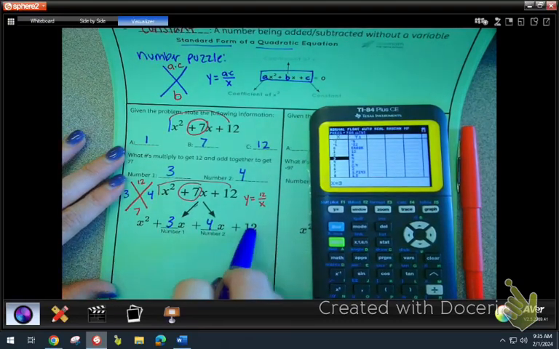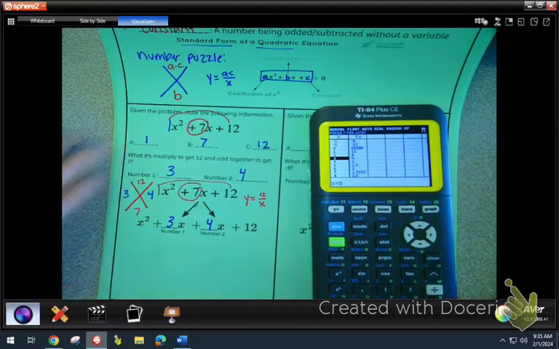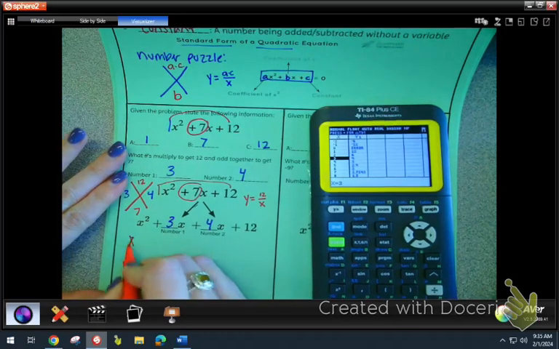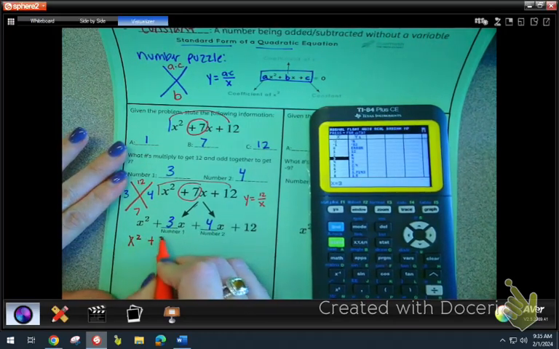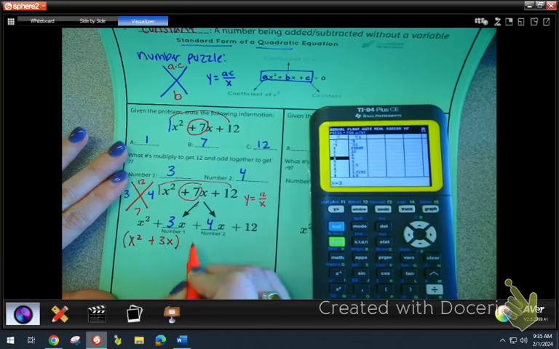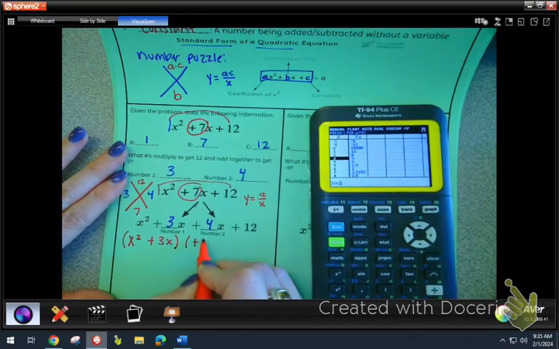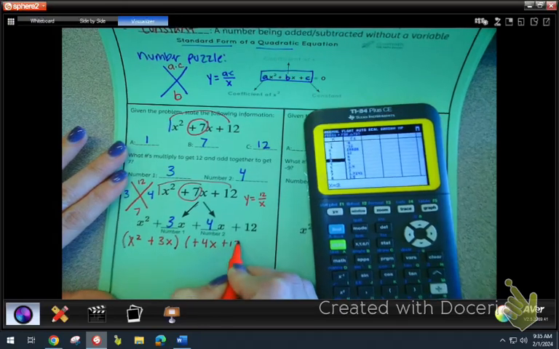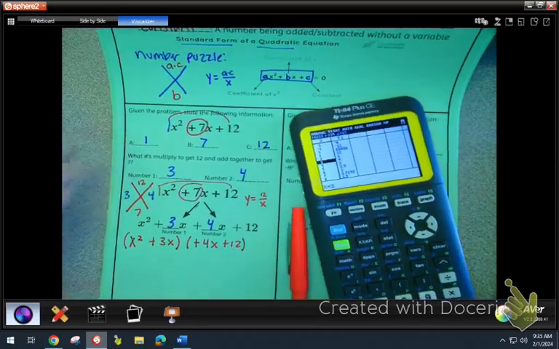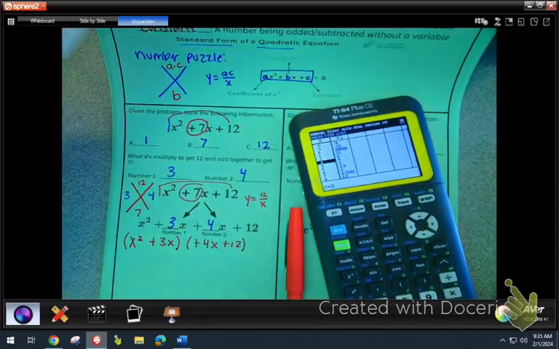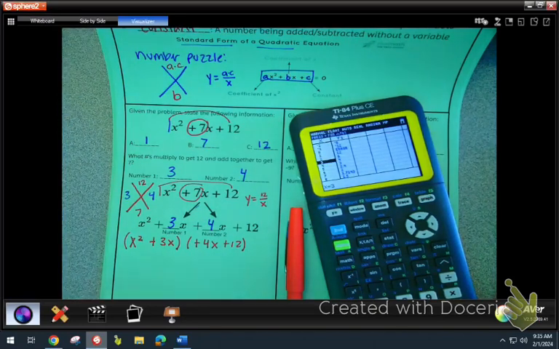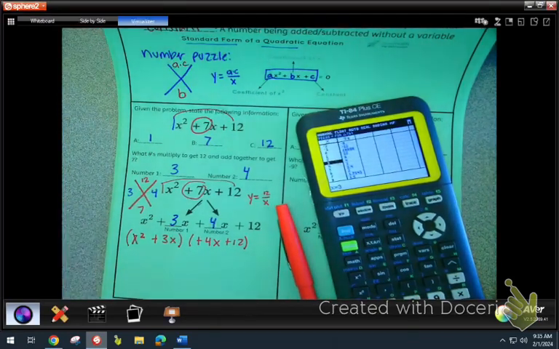And now we're going to do exactly what we did last class, which was this. X squared plus 3x. And we grouped those. And then the other group is plus 4x plus 12. And we grouped those. This is exactly what we did last time. Is everyone with me? Yes.